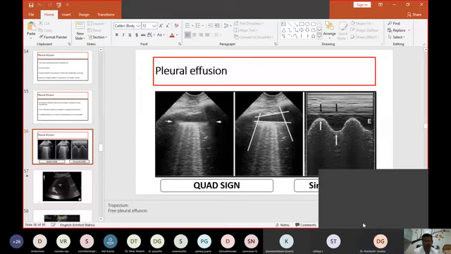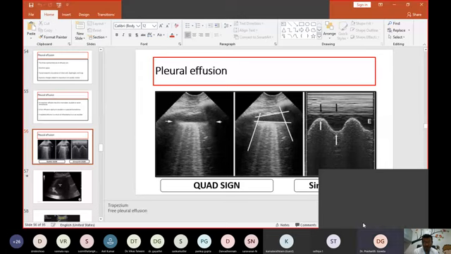Not moving. Just give me a minute. Okay, now it's moving. You can see the first slide now.